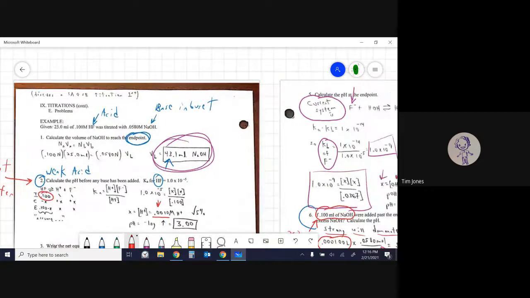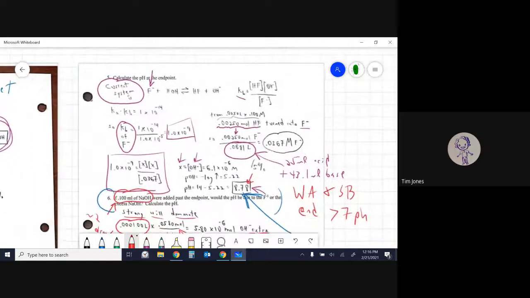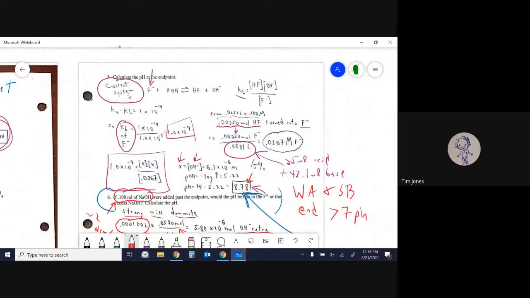If I go over here to step 5, this is also not a buffer. This is the opposite. We have essentially all F minus and hardly any HF, so that's not a buffer.